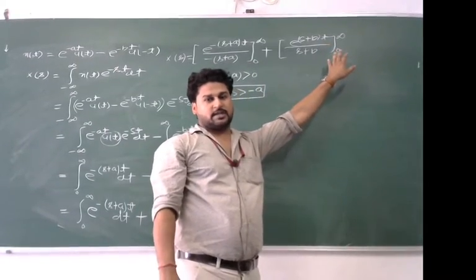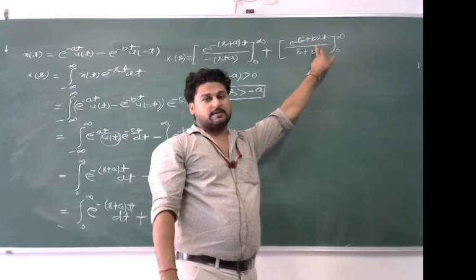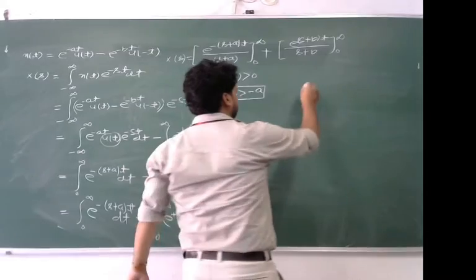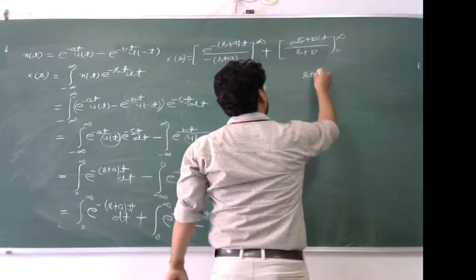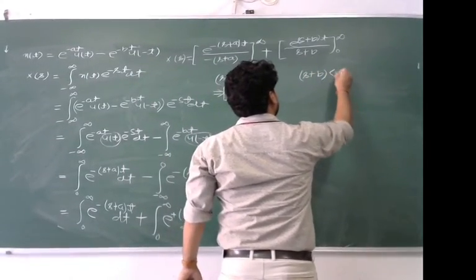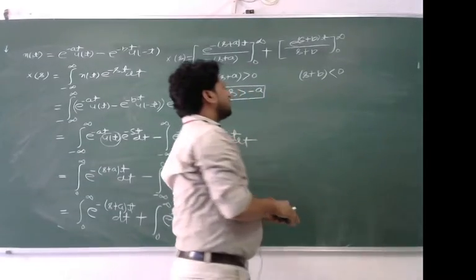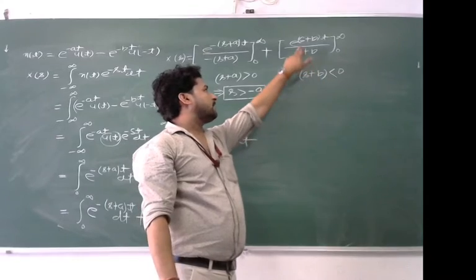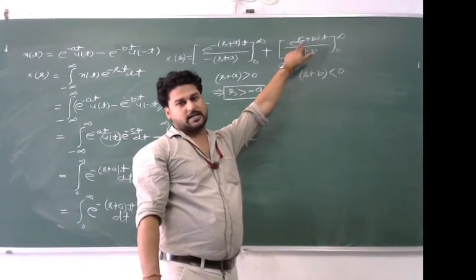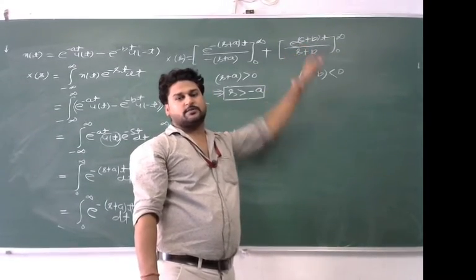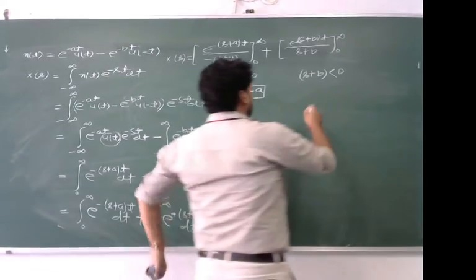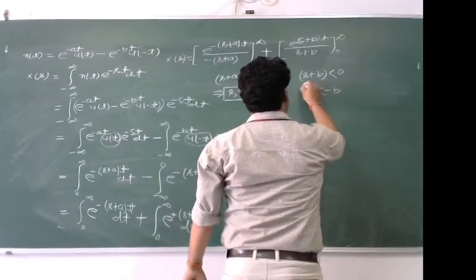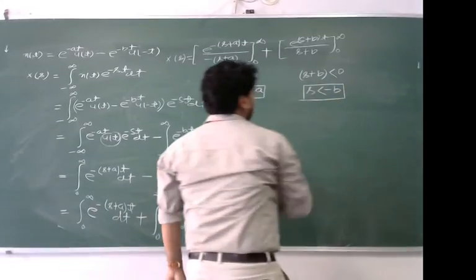If I put infinity in place of t, this will become infinite. It means that the value of s plus b should be less than 0, because if s plus b is negative, then this will become e power minus infinity, which leads to 0. So this means s should be less than minus b.